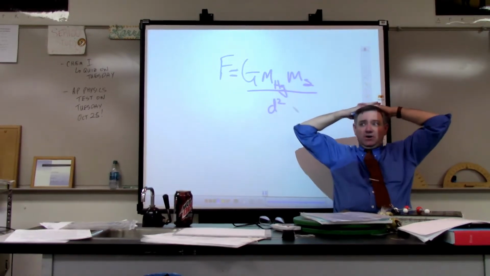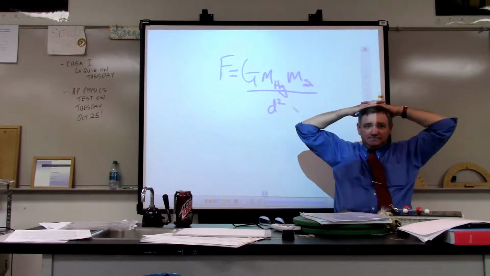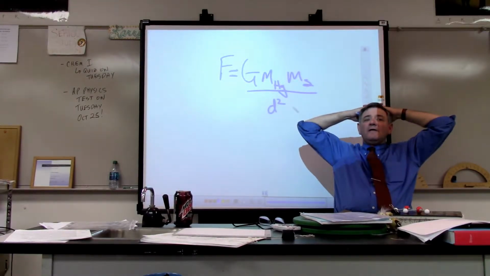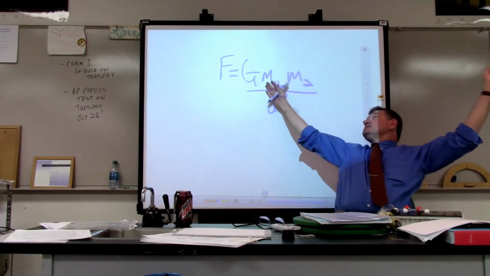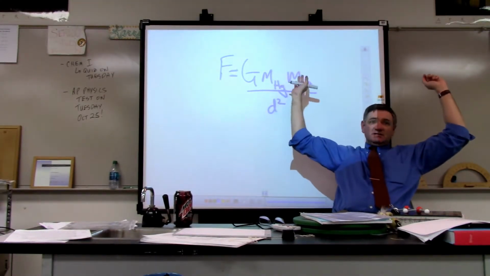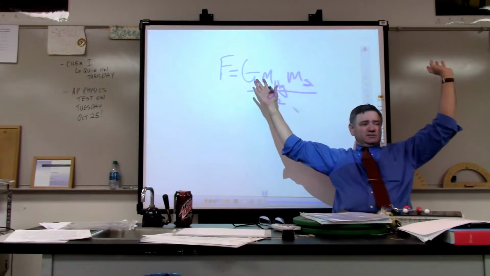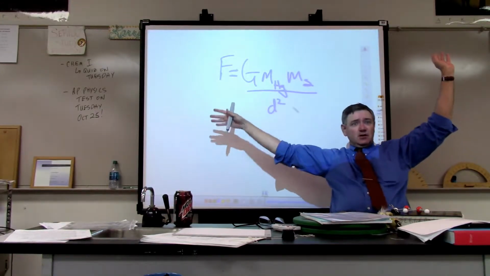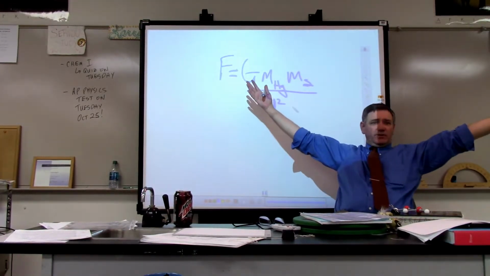No. Why? Because the distance would be the same. We're not changing the mass of Mercury. We're not changing the mass of the Sun. We're not changing the distance. Big G is a constant. So the force would be the same all the way around.